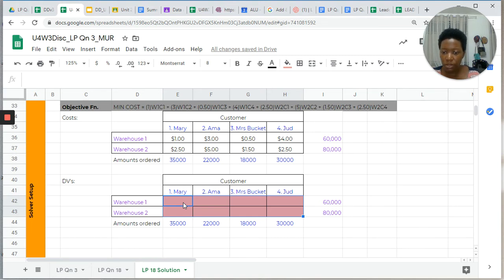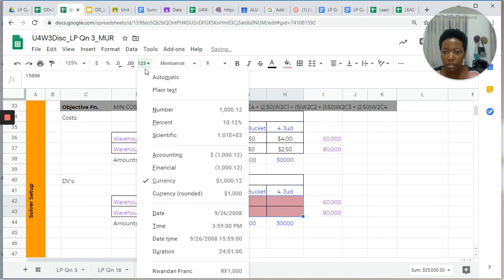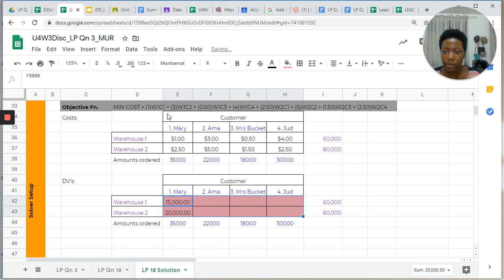So suppose that in order to make sure Mary got 35,000, we took 15,000 from warehouse 1 and 20,000 from warehouse 2. I'm just going to reformat these cells to be currencies because these are the numbers of green peppers.